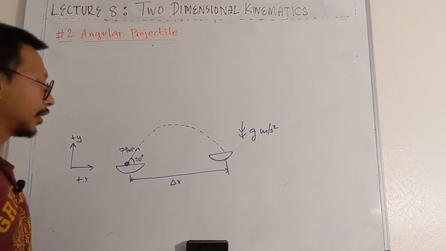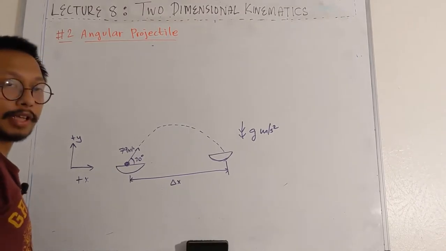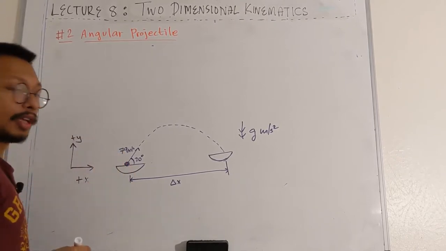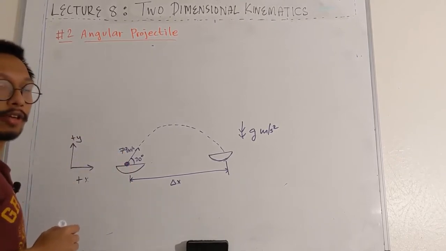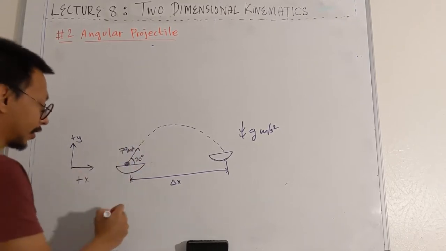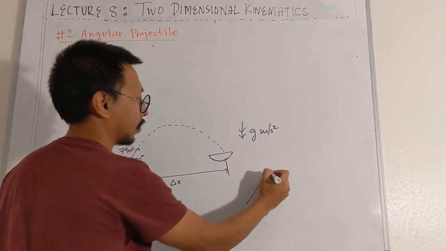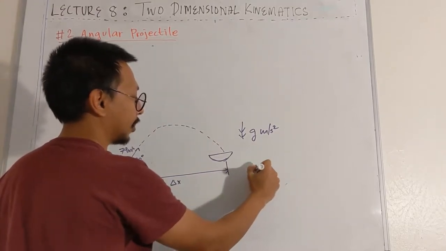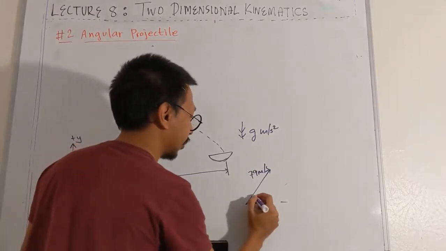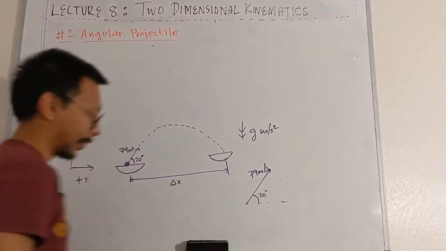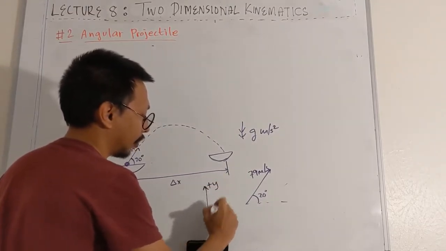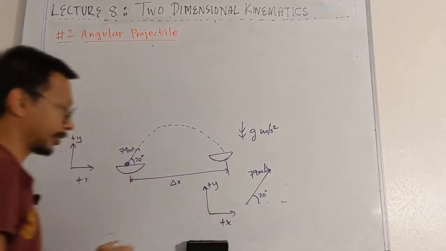Now, whenever you see angular vectors, as I've said before, the first thing you want to do is break that vector down into its components. So let's look at this 79 meters per second vector a little closely. It makes an angle of 20 degrees with the horizontal, and we know that plus y is in the upward direction, plus x is in the rightward direction.